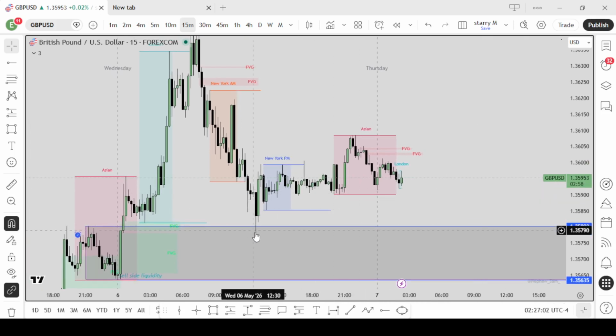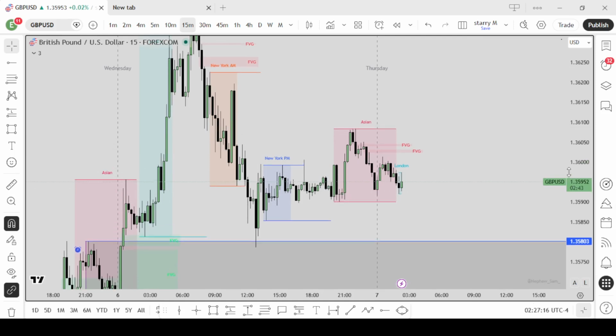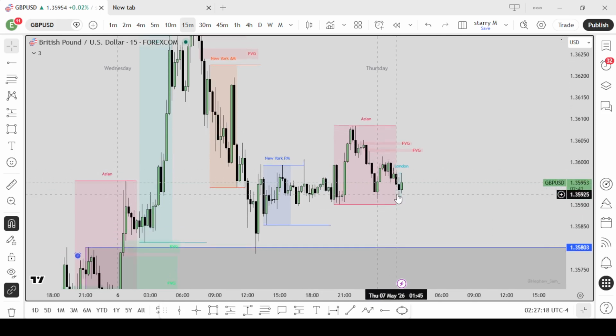You can see we are forming higher highs here, higher lows, higher low. This is our current market range. So I think we are just going to wait for London to do its thing.